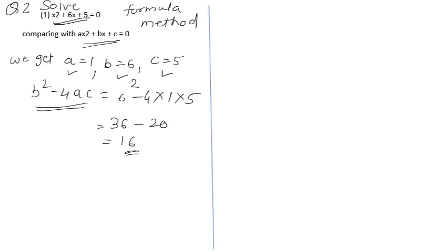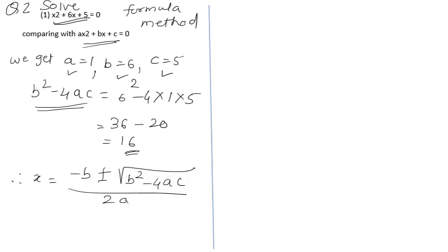Okay. Now we are going to use the formula. x equal to minus b plus minus the root of b square minus 4ac upon 2a. See, minus b, that means minus the value of b, which is 6.